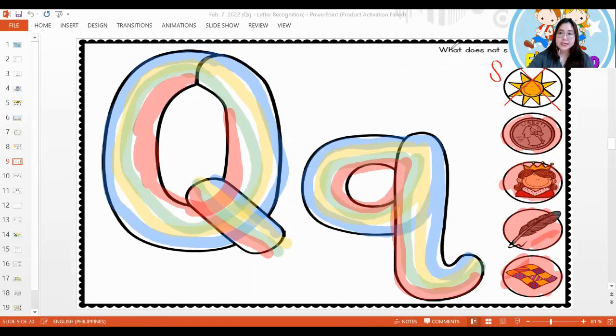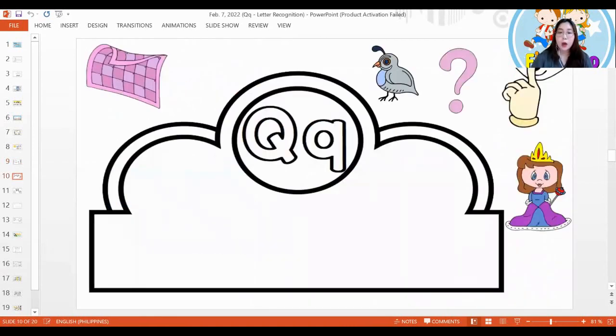Now for our next slide, we have to make our letter Q hat. So let's start by tracing our capital and our lowercase letter Q. We have 5 pictures here that we are going to paste to put on our Q hat.